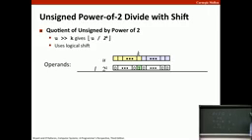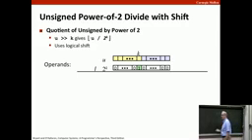But let's take a number that is negative. So this is minus 6, right? Now, here's where, remember I told you in the previous lecture, there are 2 ways to do shifting. There's logical shifting, where you fill in with zeros, and arithmetic shifting, where you fill in with ones.